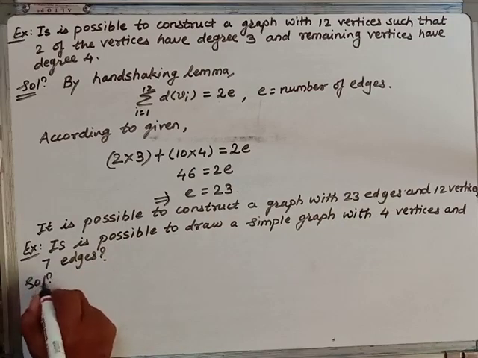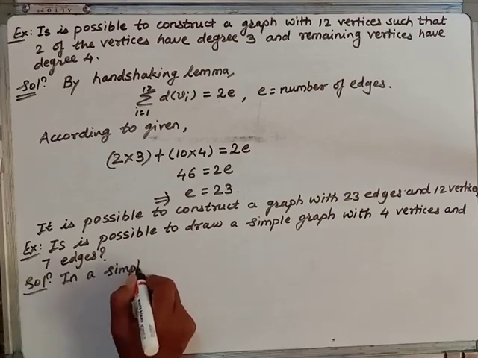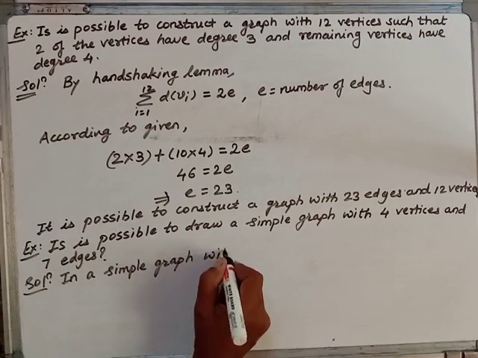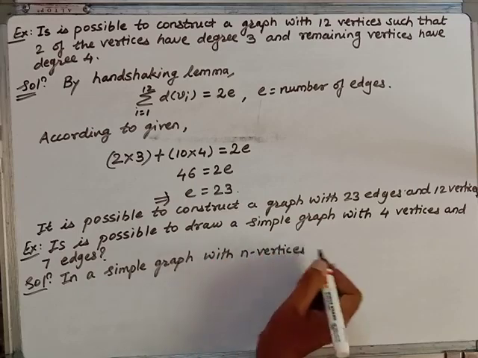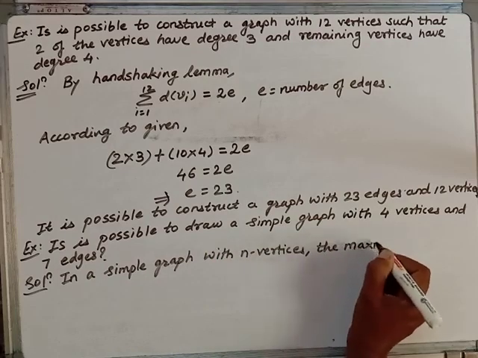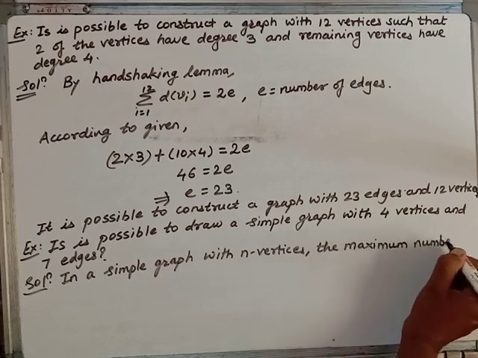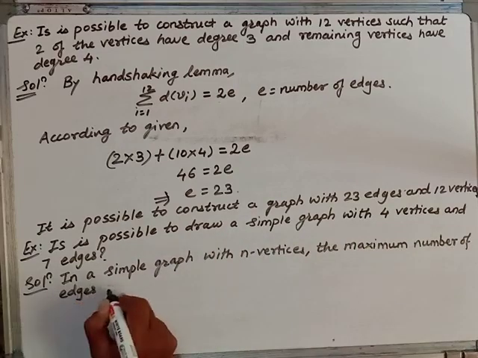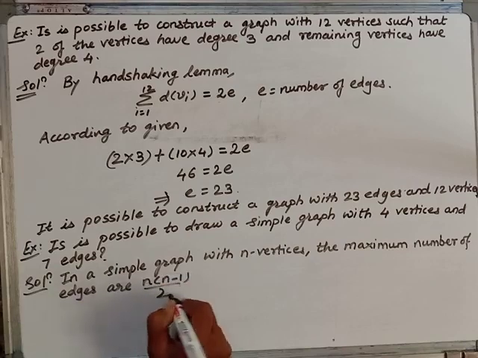Solution: in a simple graph with n vertices, the maximum number of edges is n into n minus 1 upon 2.